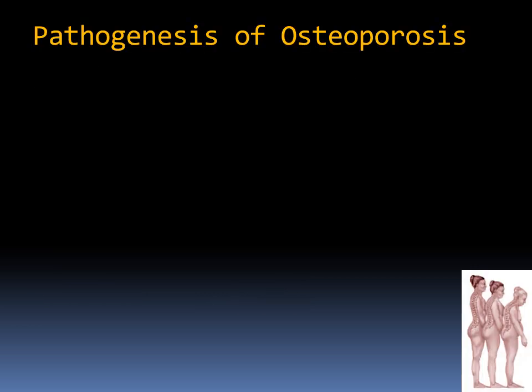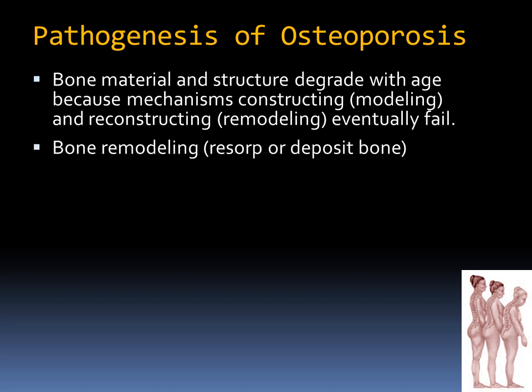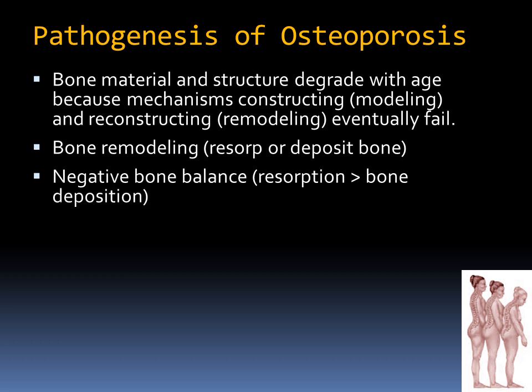So looking at the pathogenesis of osteoporosis, we know that bone material and the structures start to degrade with age because of mechanisms of modeling as well as a decline in the remodeling, which will eventually lead to failure. Bone remodeling or reabsorption of bone continues.